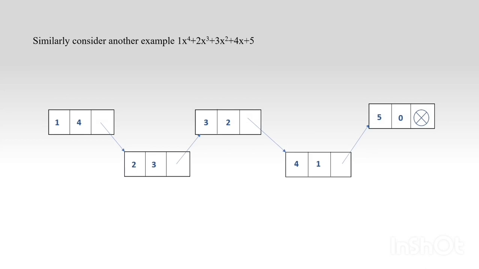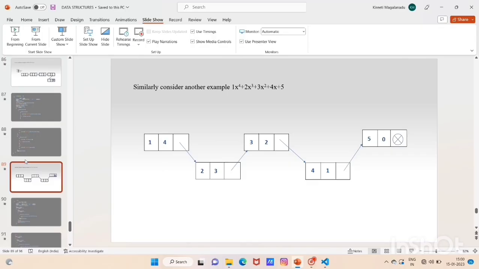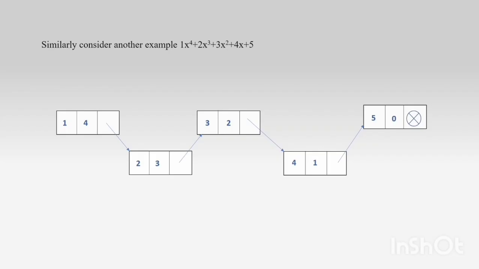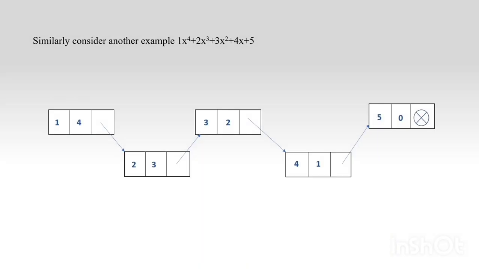Now another example, 1x power 4 plus 2x cube plus 3x square plus 4x plus 5, is also represented using linked lists. Now I will just show you how the addition and multiplication program is written.